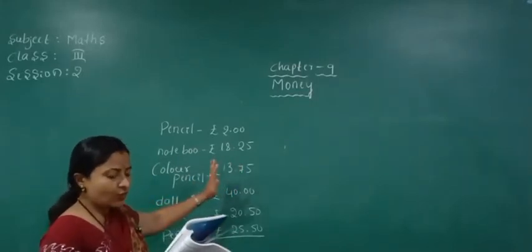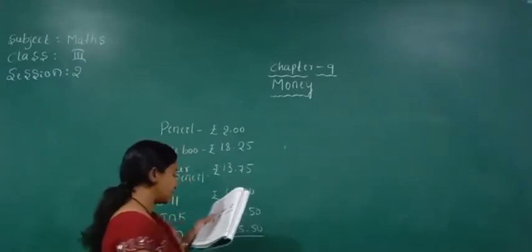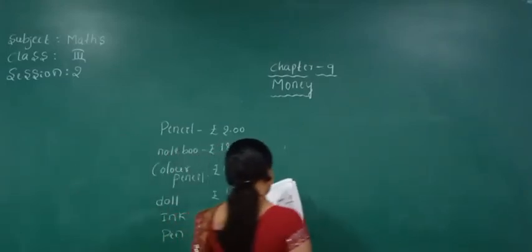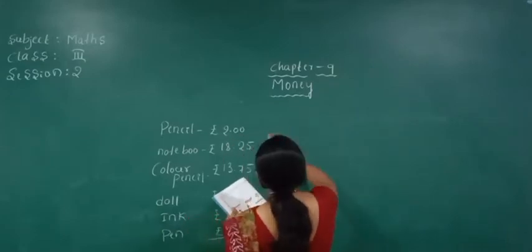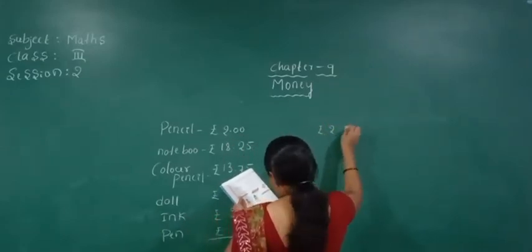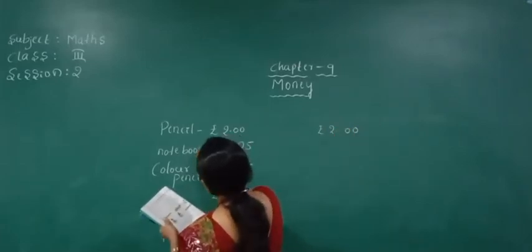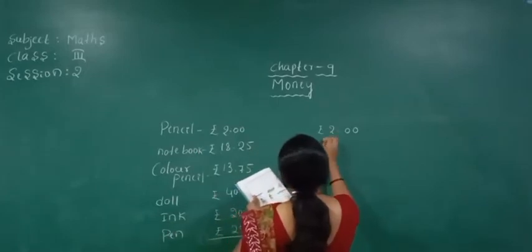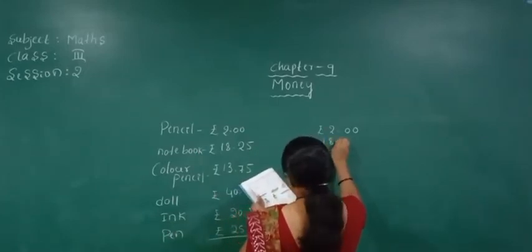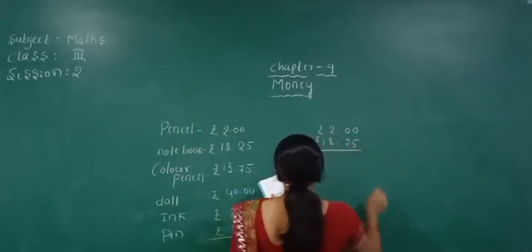First we will add. The total price of one pencil and a notebook is mentioned. One pencil price is rupees 2, and the notebook price is 18.25 paise. Now we will add.